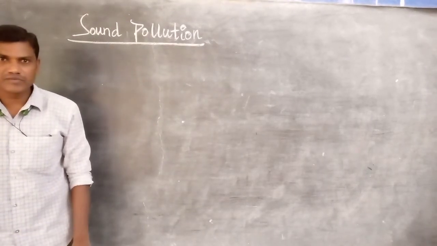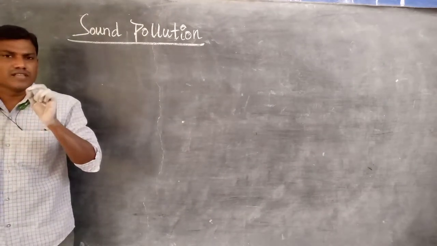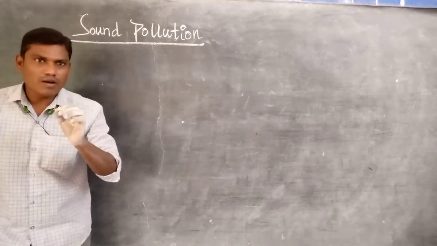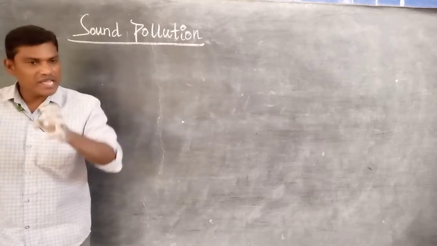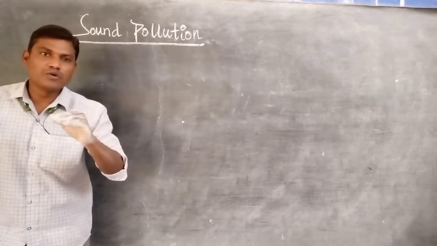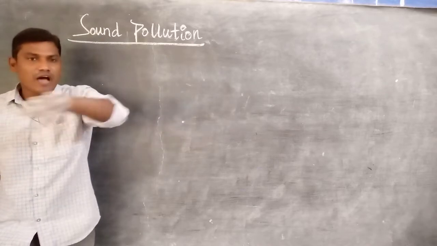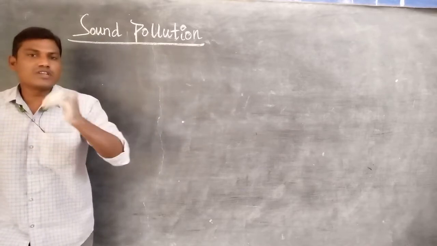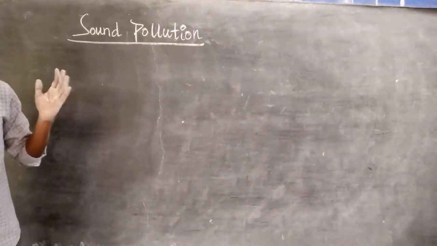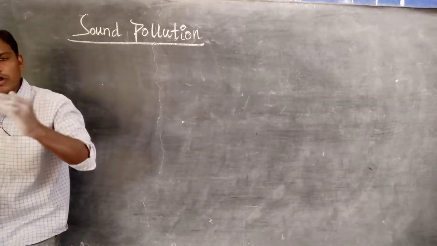When the loudness of the sound is more than 80 decibels in a particular area, that causes sound pollution. So sound is polluted when in our surrounding area the loudness of the sound is more than 80 decibels. This causes sound pollution.